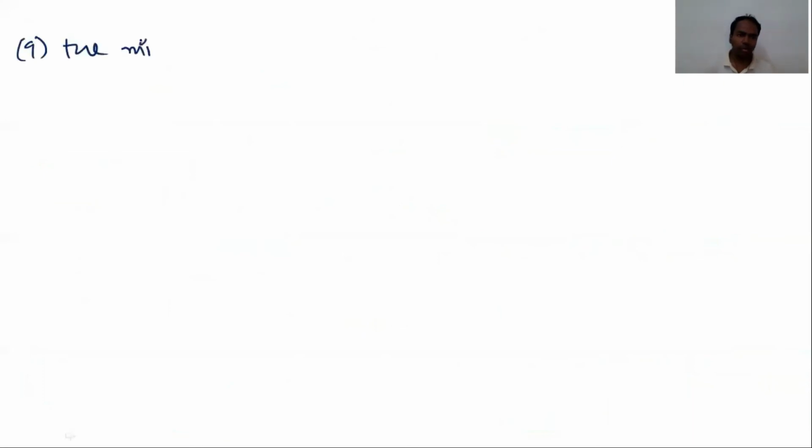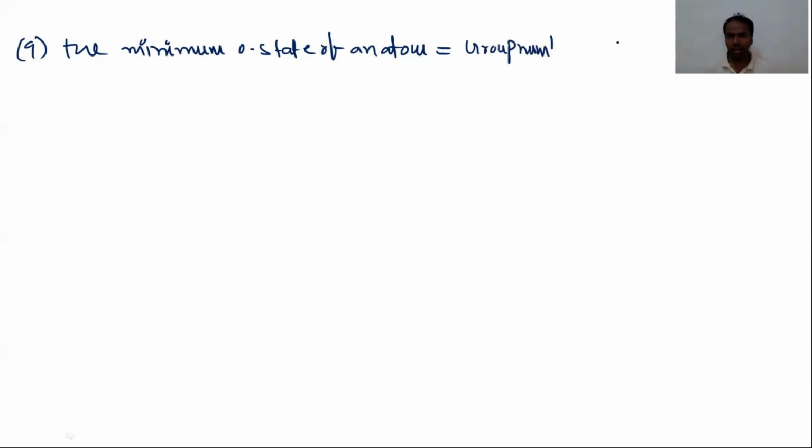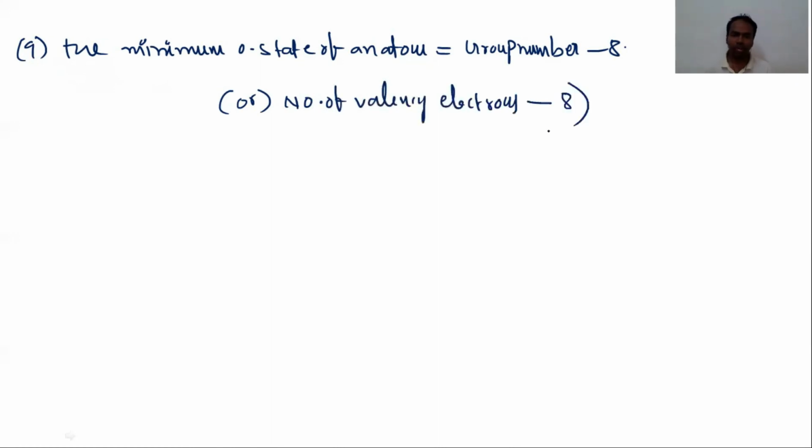The minimum oxidation state of an atom is equal to the group number minus 8, or the number of valency electrons minus 8.